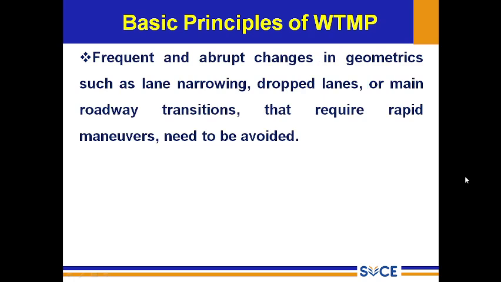Frequent and abrupt changes in geometry such as lane narrowing, dropped lanes, meaning closing of lanes, or main roadway transitions that require rapid maneuver need to be avoided. So there should be a smooth transition, and clearly it should be indicated. And sufficient distance should be given.